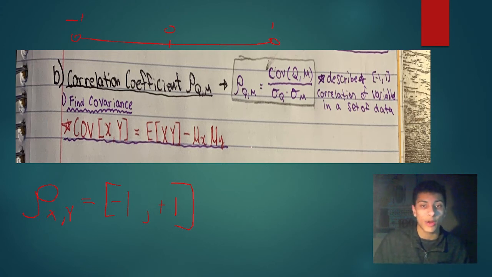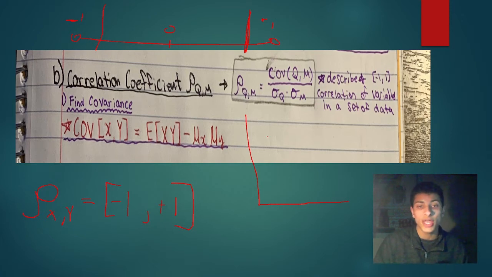In this region, we're going to have a strong positive correlation, and in this region over here, we're going to have a strong negative correlation because they are going to be closer to these 1 values.